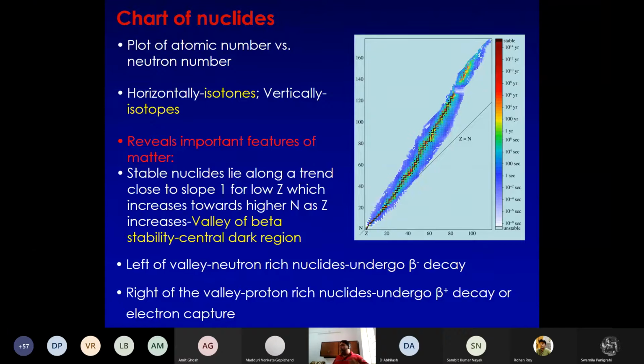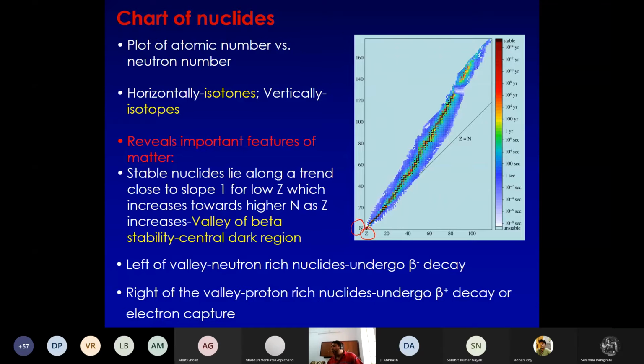The chart of nuclides is essentially a plot of the neutron number N versus the atomic number Z. You can plot either the atomic number on the x-axis and the neutron number on the y-axis, or vice versa. Normally it is done in such a way that you plot the atomic number on the x-axis and the neutron number on the y-axis of any nuclide.